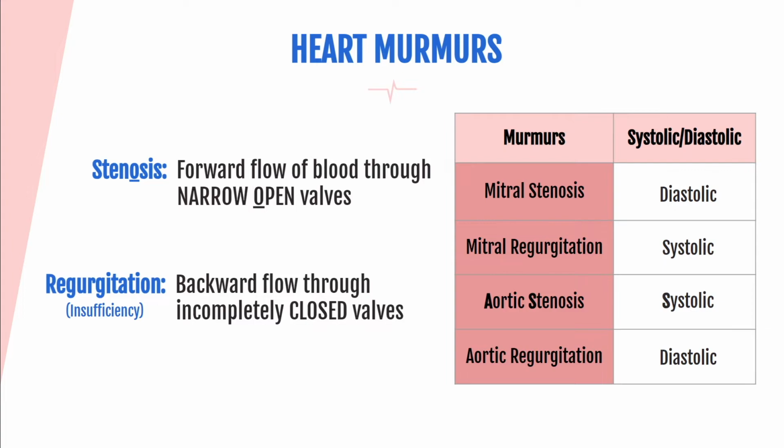So aortic stenosis is a systolic murmur, and that means that aortic regurgitation will be diastolic, because remember, one happens when the valve is open, one happens when the valve is closed, and the mitral valve will be opposite of the aortic valve, so mitral stenosis will be diastolic, which means that mitral regurgitation is systolic.